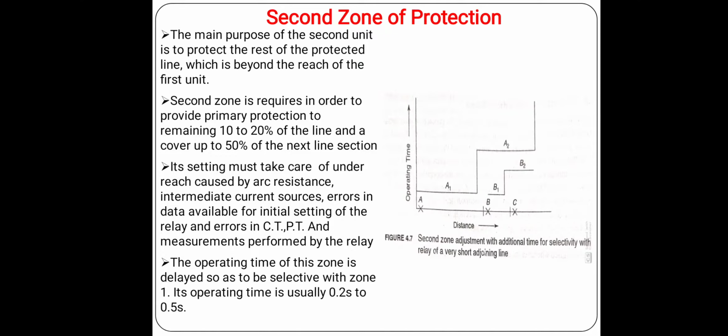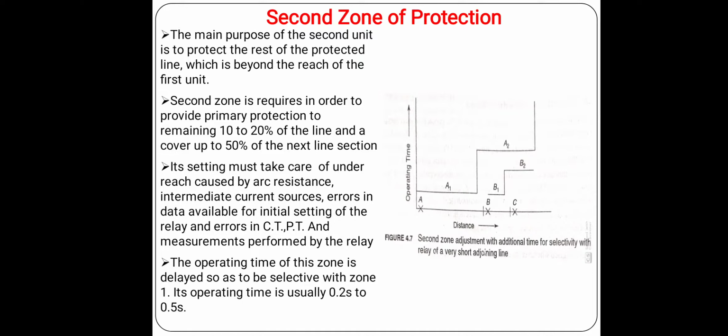That means if relays with a low ratio of reset to pickup are used, the second zone relay must be set to have a reach short enough so that its overreach does not go beyond the reach of the first zone relaying unit of the adjoining line section.